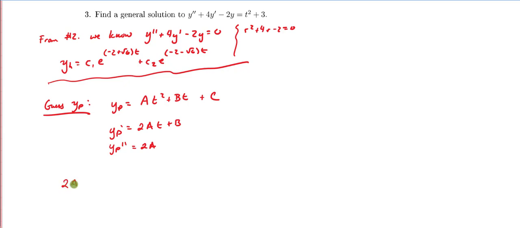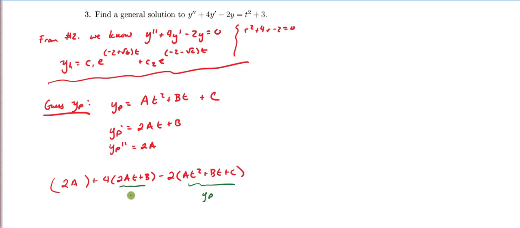So we've got 2a plus 4 times 2at plus b minus 2 times at squared plus bt plus c, where this was my guess, yp, this was its derivative, yp prime, and this was its second derivative. And we're hoping that we will be able to find coefficients so that the left-hand side equals the right-hand side, which is t squared plus, here I'll emphasize by putting a 0t plus 3.